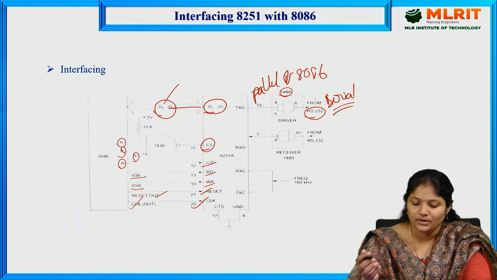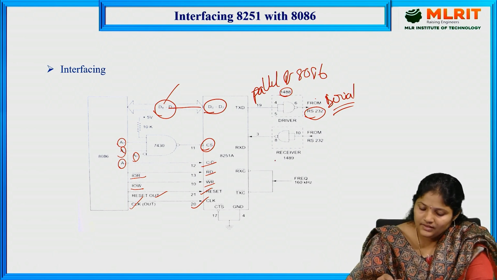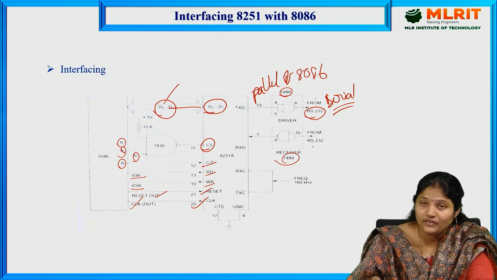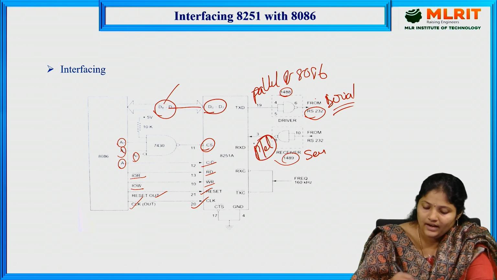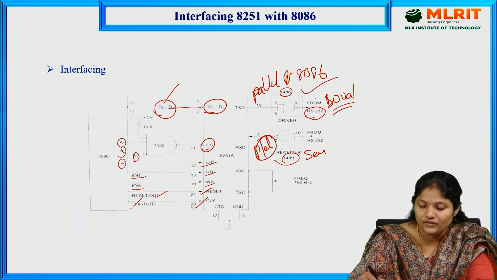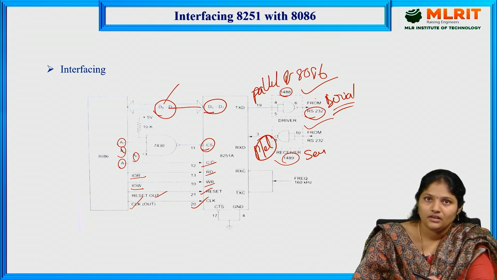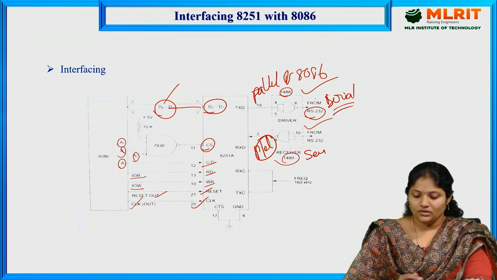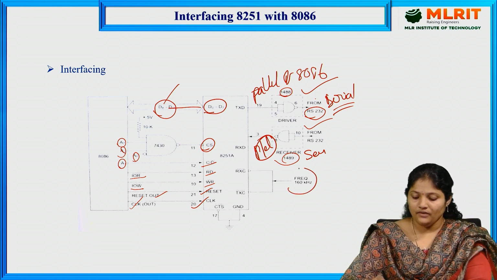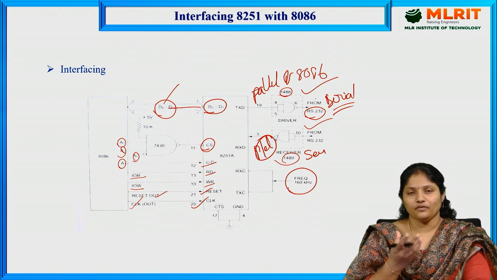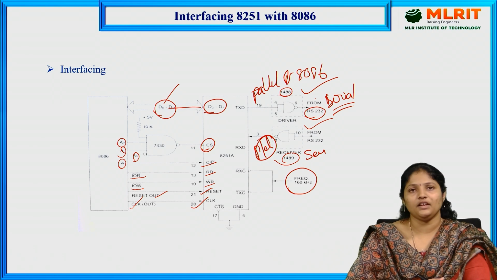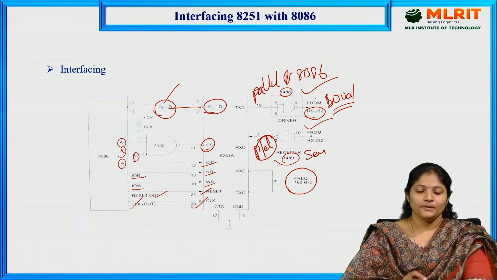The 1489 receiver will take the serial input and convert it into parallel output. So one is used for transmission and the other for reception of the data. RxC and TXC will be given the frequency, which decides the baud rate, for which we need to transmit or receive the data.